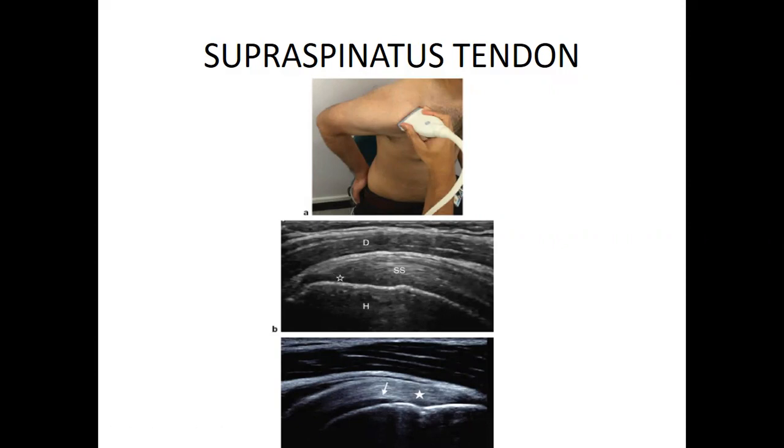Be focused and systematic. Again, this is the same normal supraspinatus tendon. Remember, this is the tendon that is coming from the supraspinatus muscle, one of our four rotator cuff muscles located posteriorly above the spine of the scapula. So this is above. You are able to tell that this is above, so that position is very, very important.